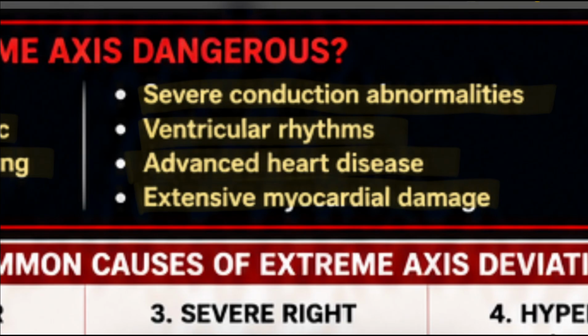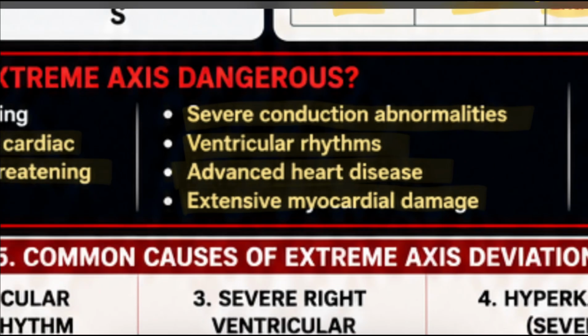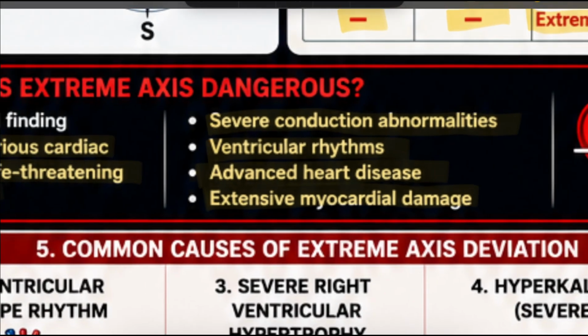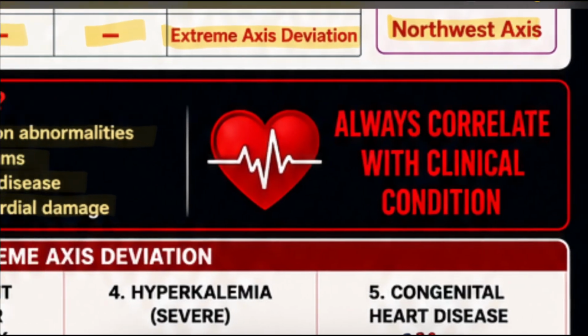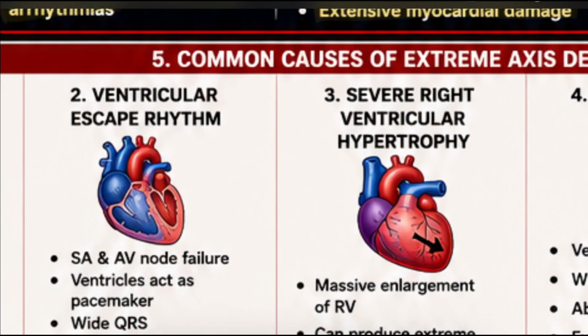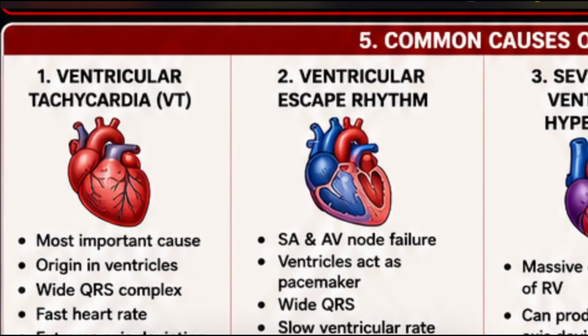Whenever you see an extreme axis, evaluate the patient immediately and interpret it together with the rest of the ECG. Always correlate with clinical conditions, and then at last we have to do management.